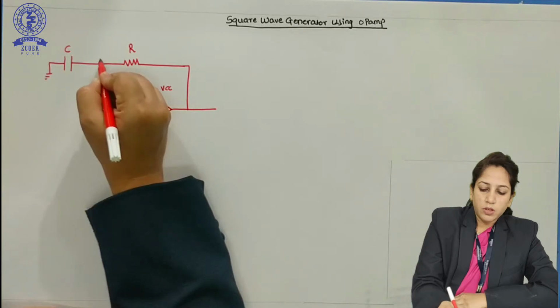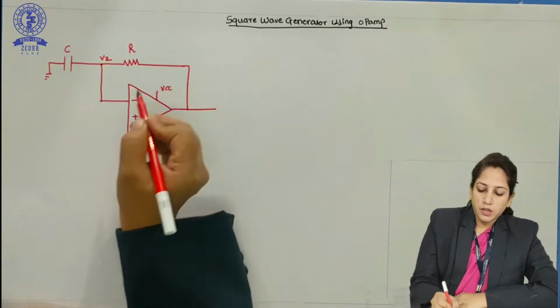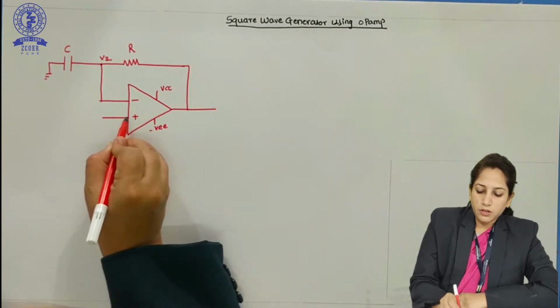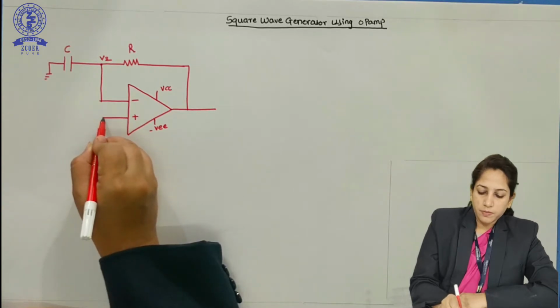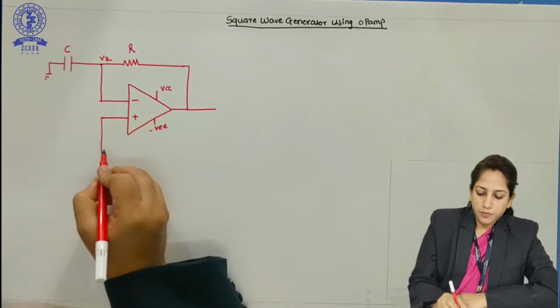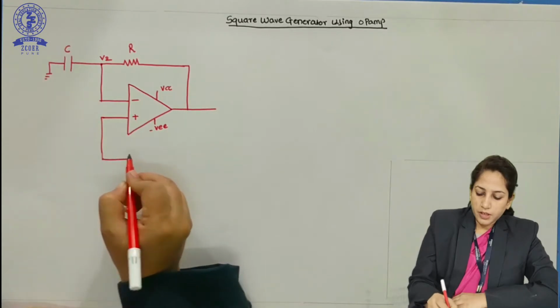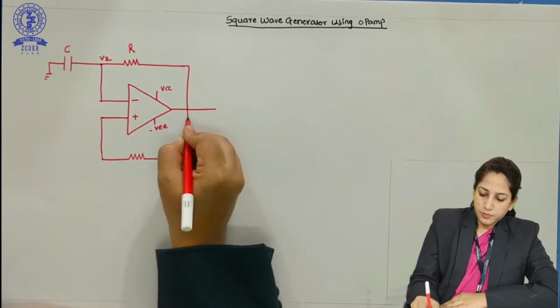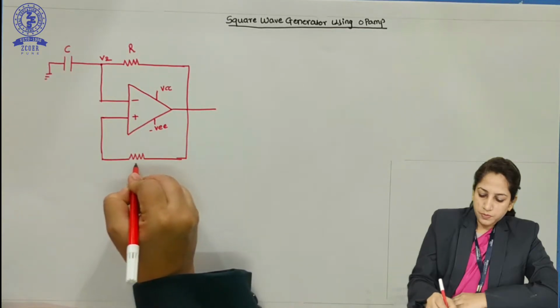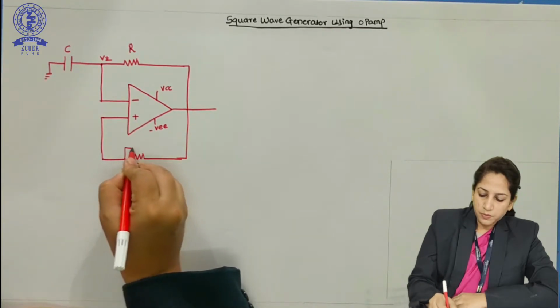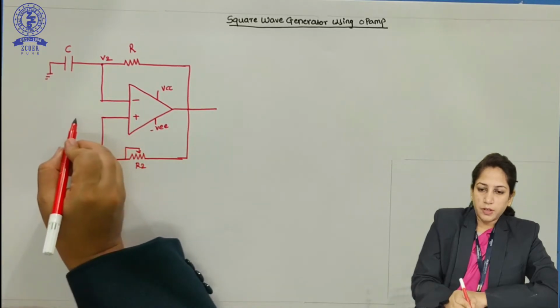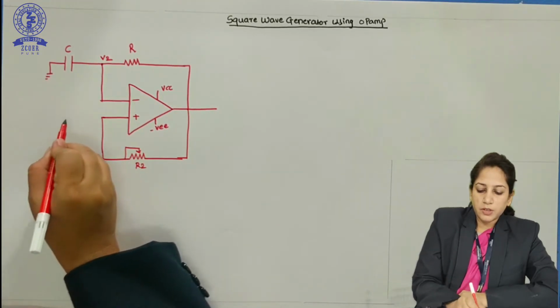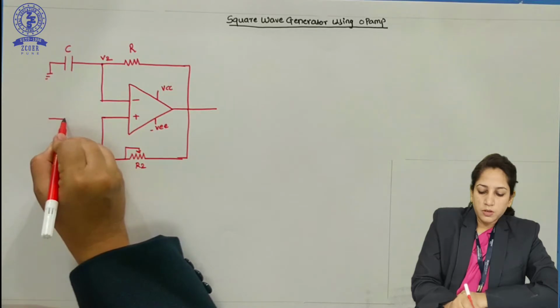Suppose this I will call voltage V2, and on the non-inverting terminal there will be the resistor R2, which will be a variable resistor in order to adjust.